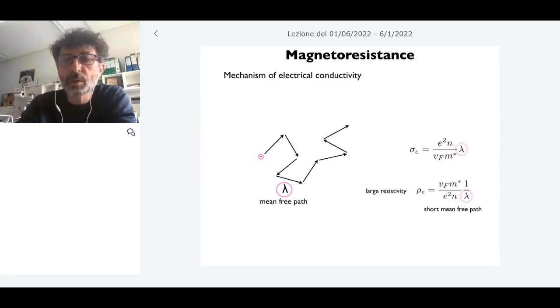Well, we know that in metals, we have a lot of free electrons. And these electrons essentially obey the Fermi statistics. So they are arranged in what are called energy bands. And for a metal, we know that the Fermi level, so the filling of this energy band, falls within one of these bands.